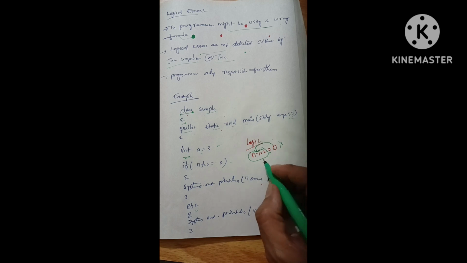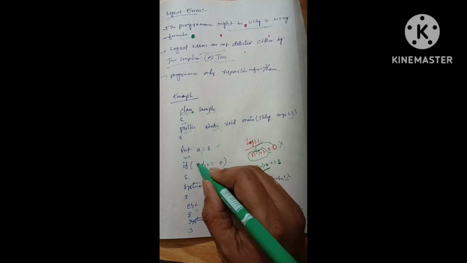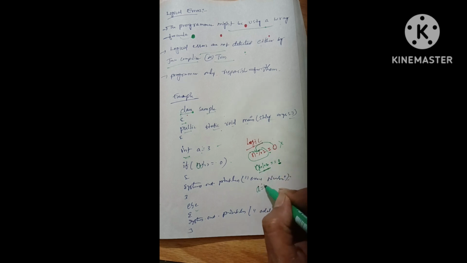What is the right formula? n modulus 2 double equal to 0 means the remainder should be 0. Suppose a equal to 4. Whatever the remainder of 4 divided by 2 should be 0.